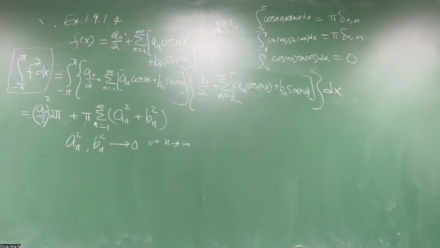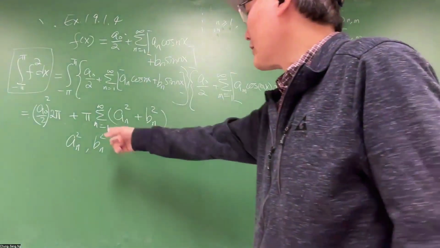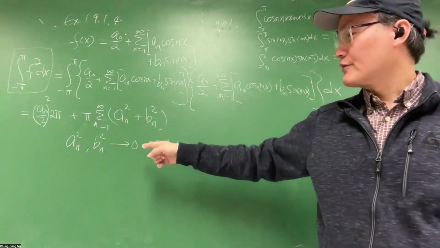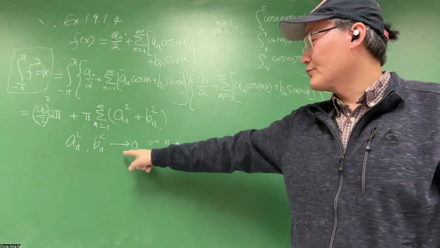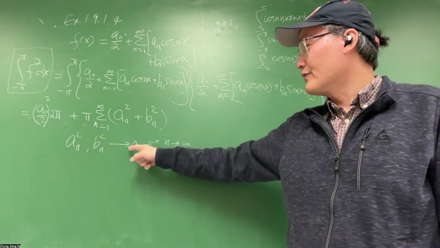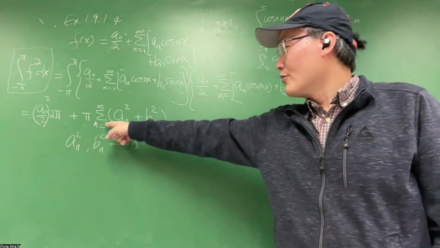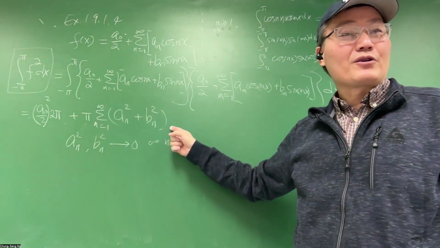that the f square integration is finite. Okay, so that is pretty obvious, right? If it's not zero, if it actually turns to any constant or even grows, then you sum over it to infinity, this must diverge.